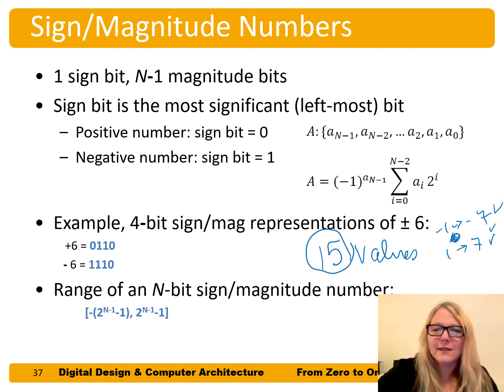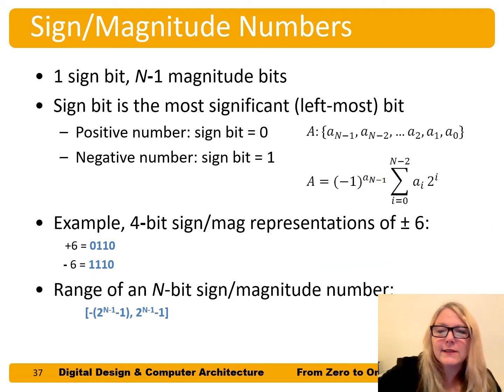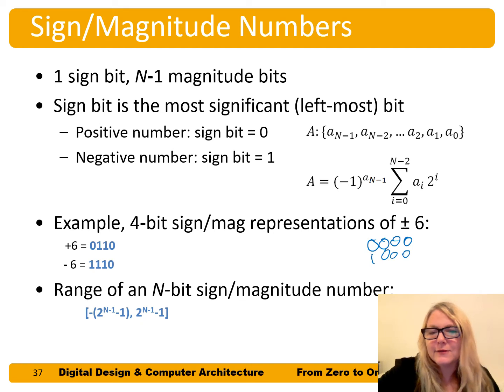Somehow we lost an encoding, right? With 4 bits, we should be able to represent 16 unique values. Well, we lost one of the values by redundancy. So 0 can be represented as positive 0 or negative 0. And so we have some redundancy. We lost one of our encodings to redundancy.